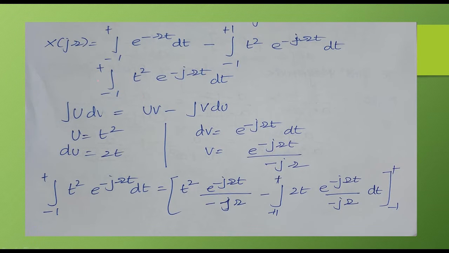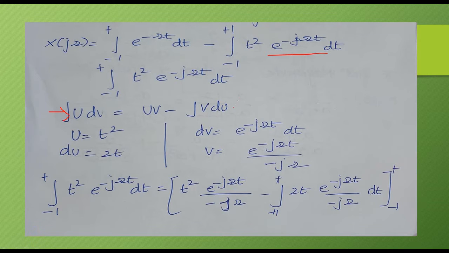So look at that. This is your basic expression, e power minus j omega t dt minus t square e power minus j omega t dt. This first integral we have already solved and got an answer, and we are into this one, t square e power minus j omega t dt. This will come under the form integral u dv equal to uv minus integral v du.